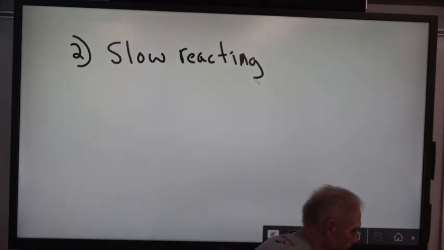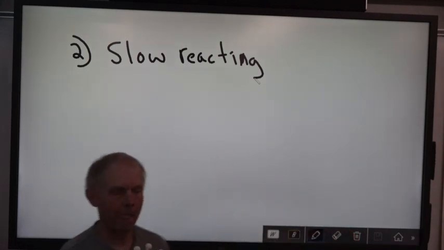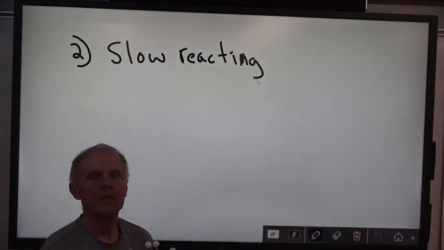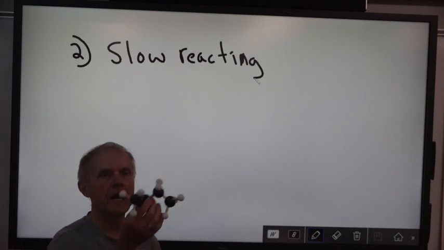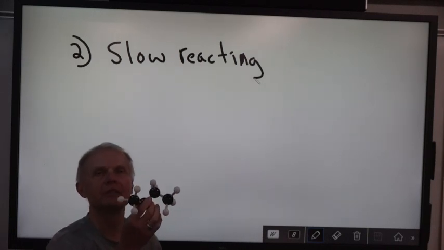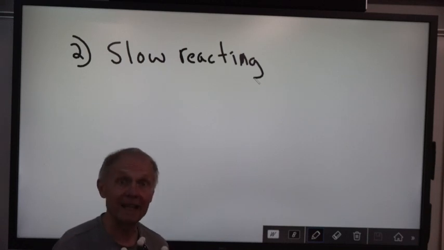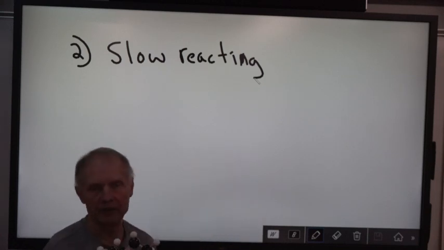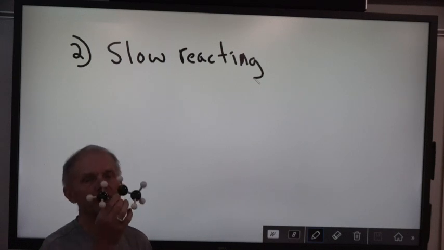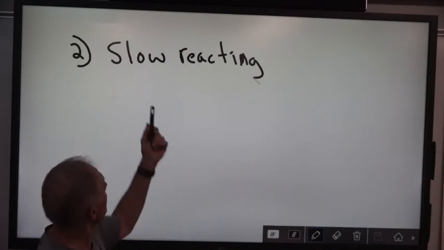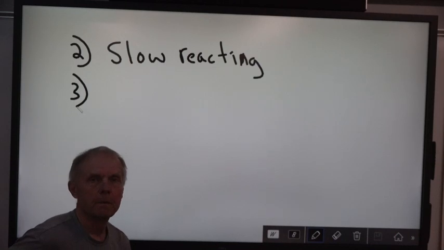Remember what we talked about before. The organic compounds have so many bonds, we have to break a ton of bonds in order to make them react, and that means you've got to have a really high activation energy. So that's why they're slow reacting. That's number 2. Number 3.